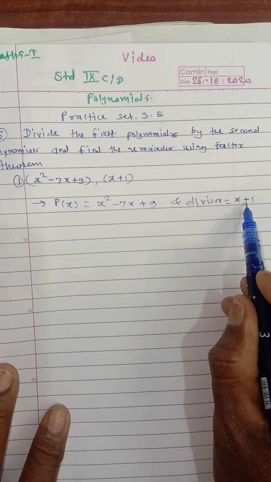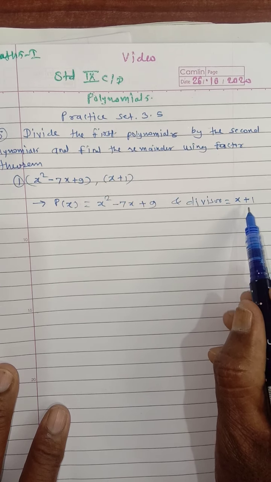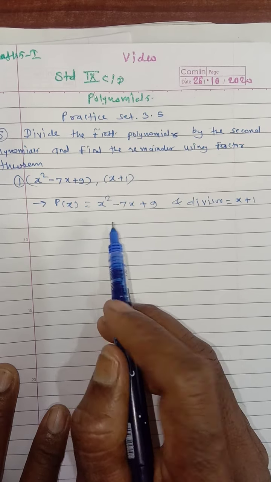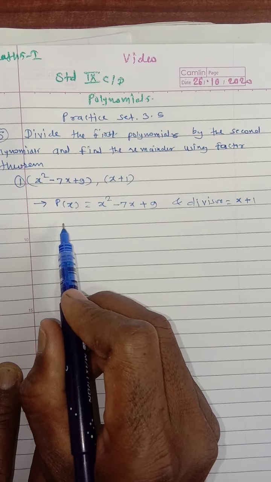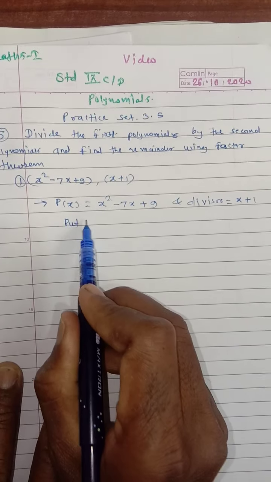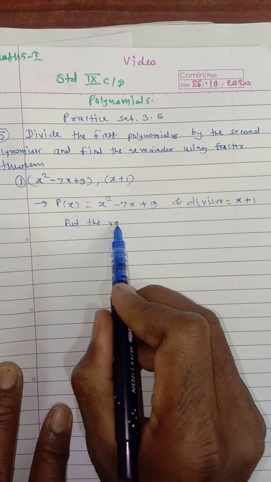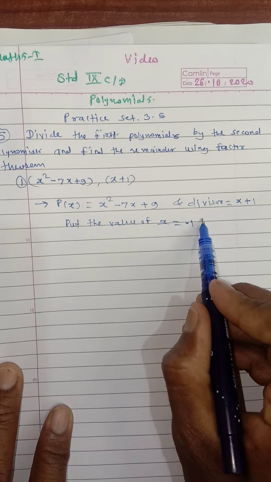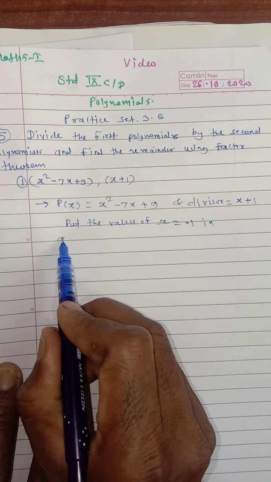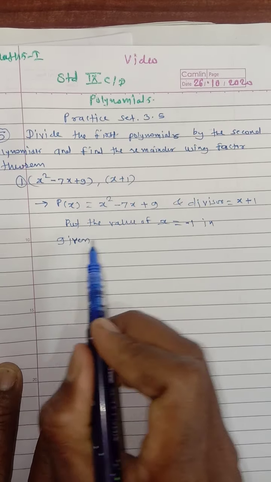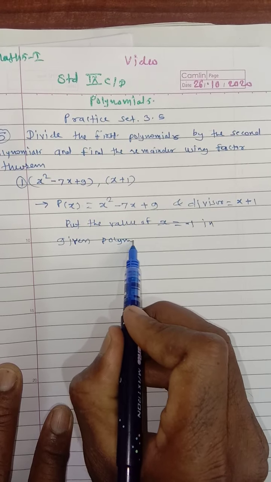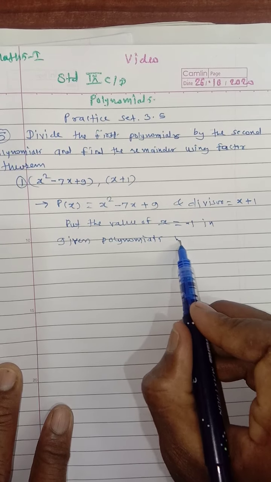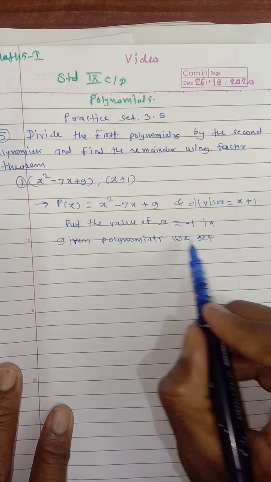If we put x equal to minus 1 in this polynomial, we get the remainder.